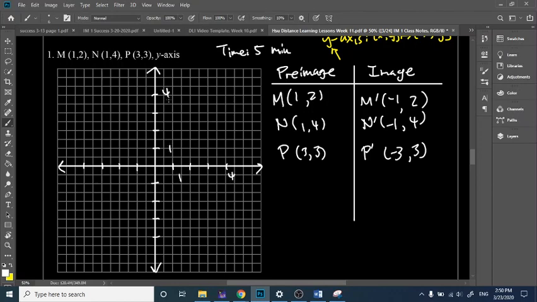So if you want to save some and just skip one line each, that's perfectly fine as well. Okay. So MNP: 1, 2, 1, 4, and 3, 3. MNP.